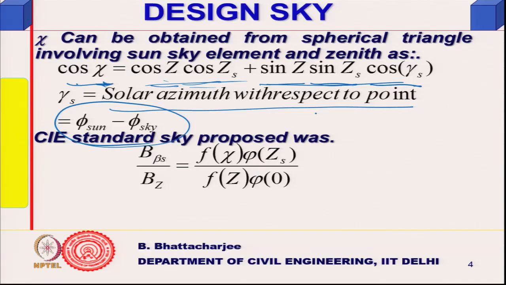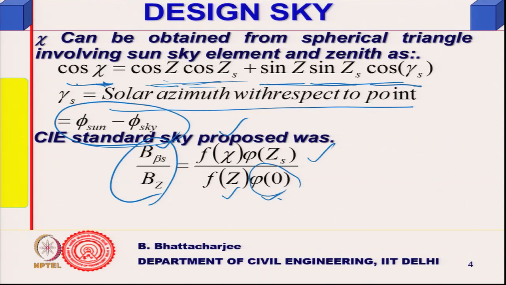So, the CIE standard sky proposed this ratio, that is, brightness at any point in the sky is given as a function of z s, function of z, and this is a function of 0. If you put z s equal to 0, that means this is at the zenith.